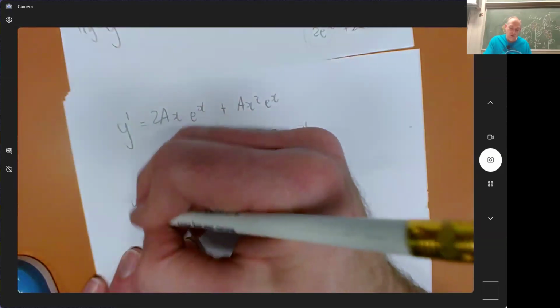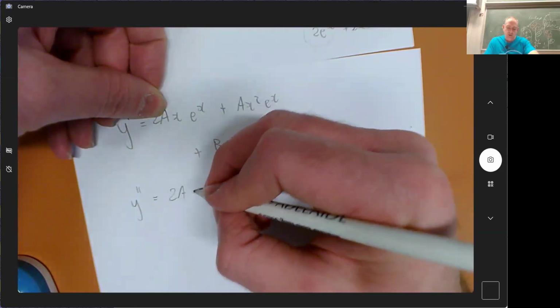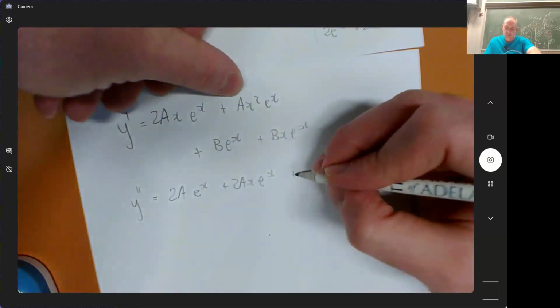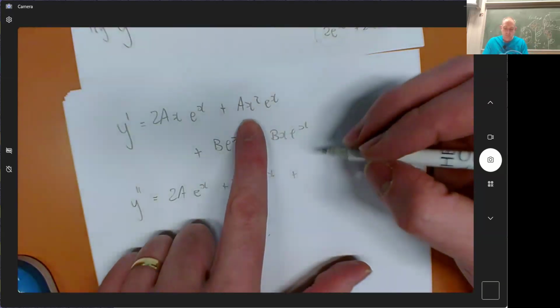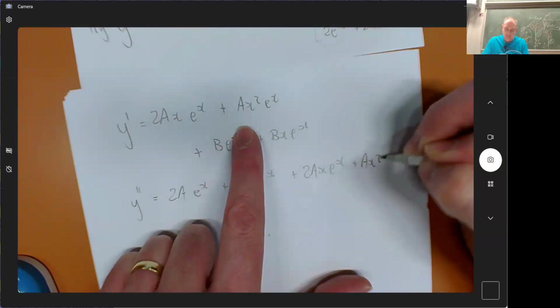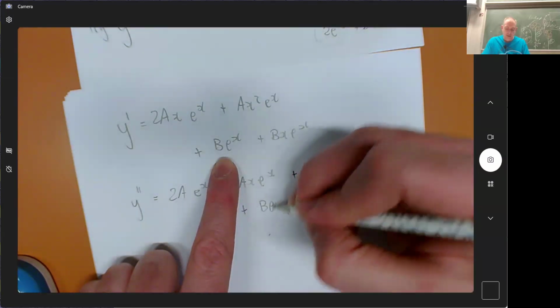Okay, and then y double dash is 2a. And this, we've already got that one, haven't we? And the derivative of this is b e to the x.